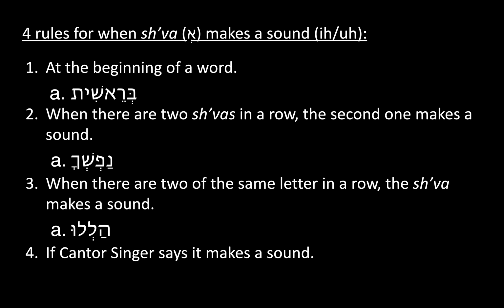One, at the beginning of a word, bereshit. Or two, when there are two shvas in a row, the second one makes a sound, nafshecha. Three, when there are two of the same letter in a row, the shva makes a sound, hallelu. Or number four, if the Cantor singer says it makes a sound.